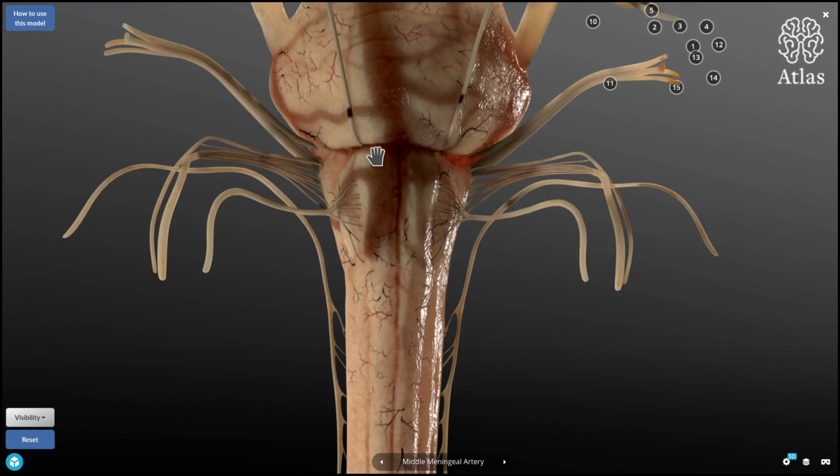These pyramids contain those fibers from your motor cortex. So they're on their way down. And as I told you yesterday, they are meant to target your extremities on the opposite side. So if this is coming from the right brain, it has to find its way to the left arm and the left leg.